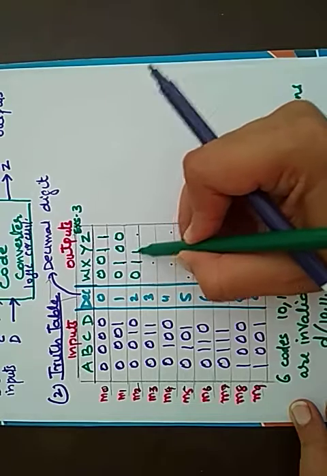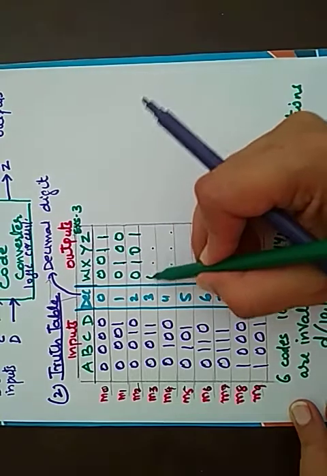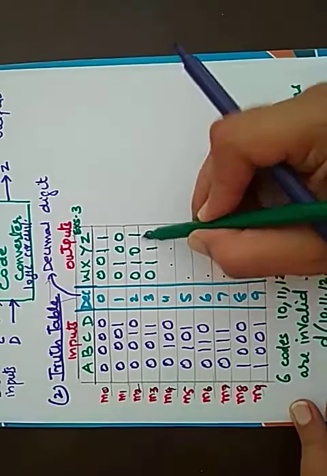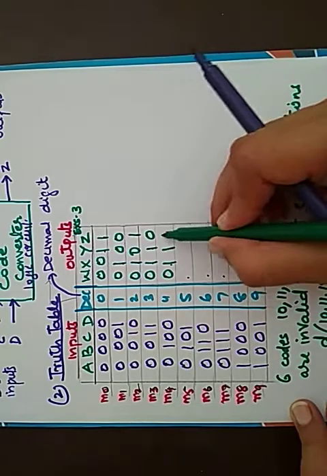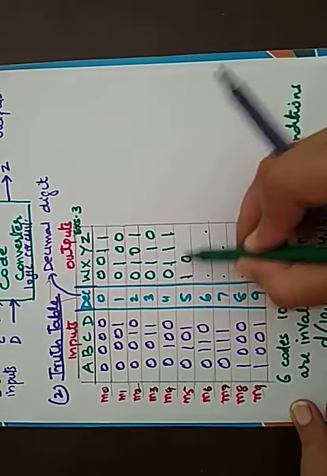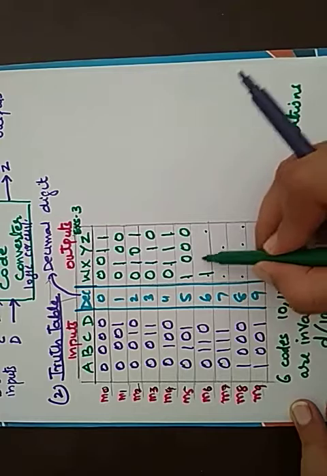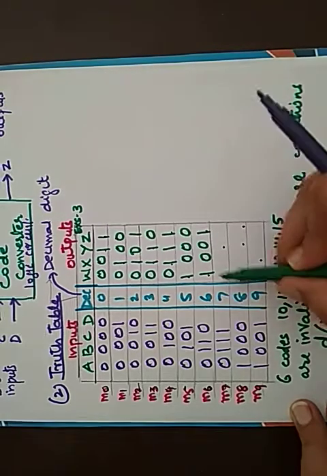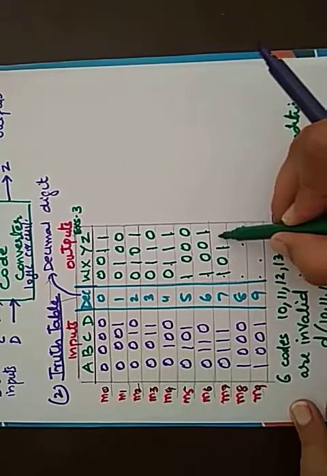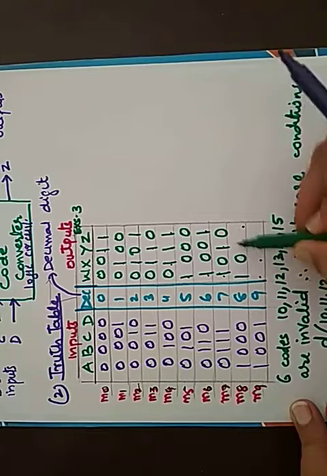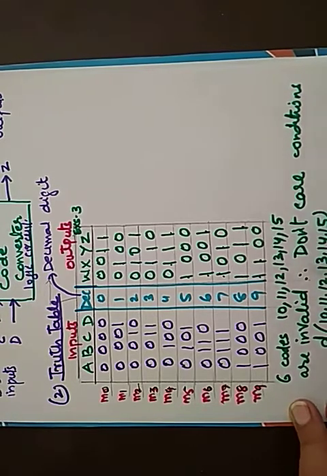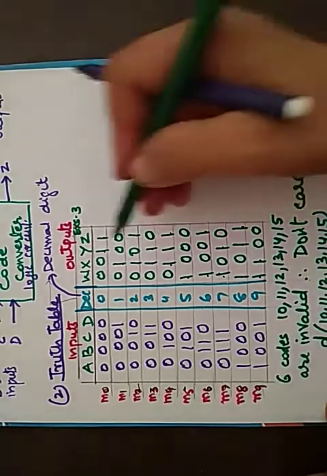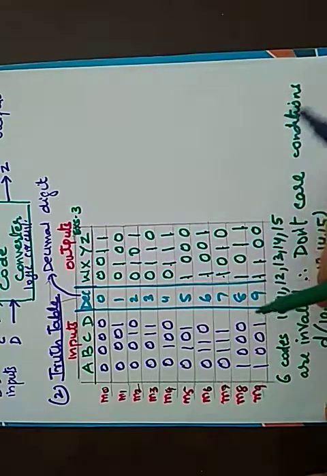For 2, it is for 5. 2 plus 3, 3 is 6. 3 plus 3, 4 is 4 plus 3, 7. 5 plus 3, 8. 6 plus 3, 9. 7 plus 3, 10. 8 plus 3, 11. 9 plus 3, 12. So on this understanding, this is how the truth table is filled.